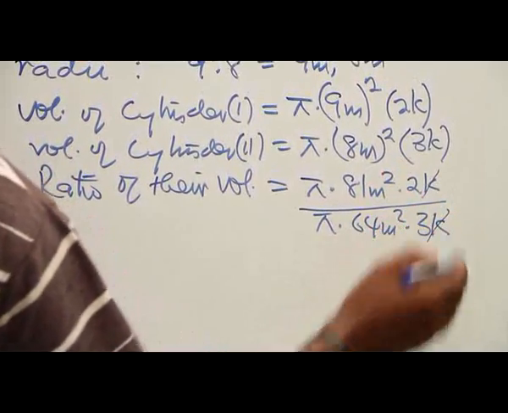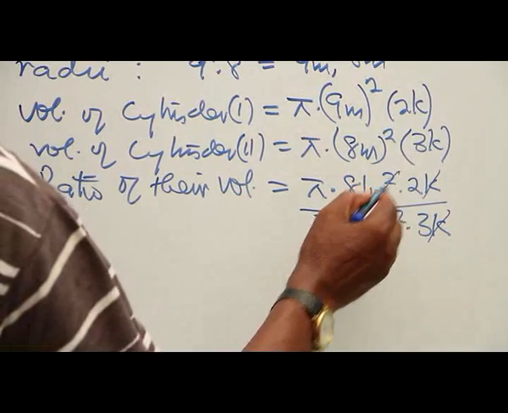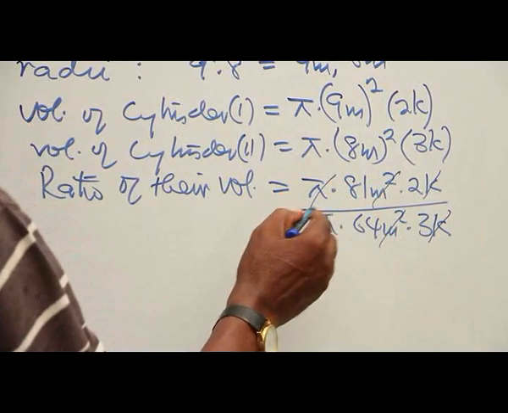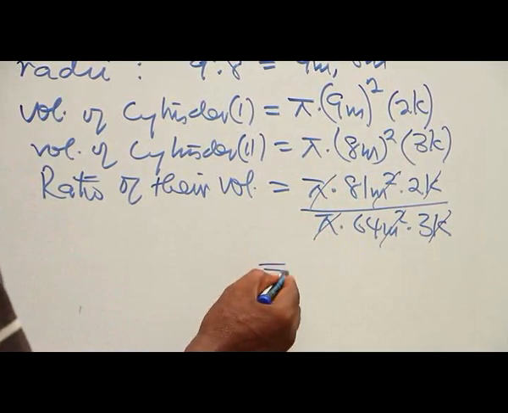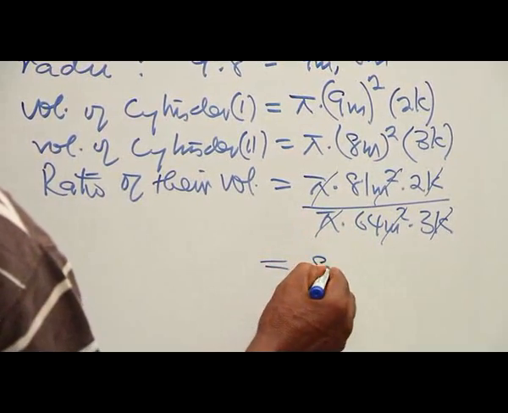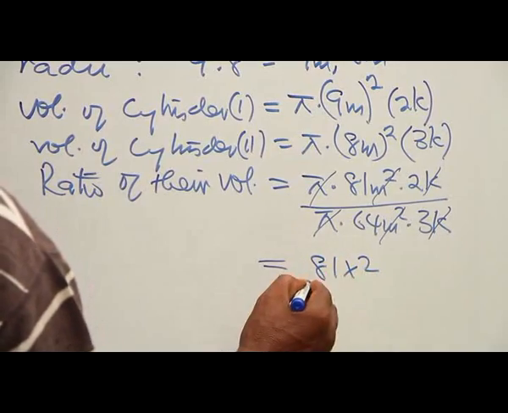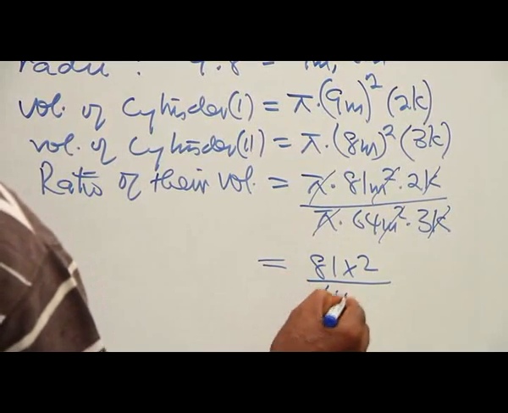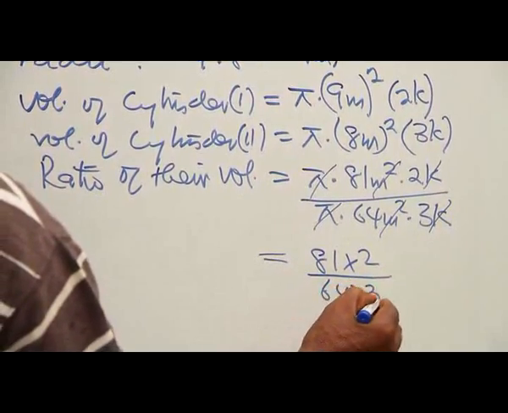K, of course, we cancel k. M squared, we cancel m squared. Pi, we cancel pi. You are left with 81 times 2 all over 64 times 3.